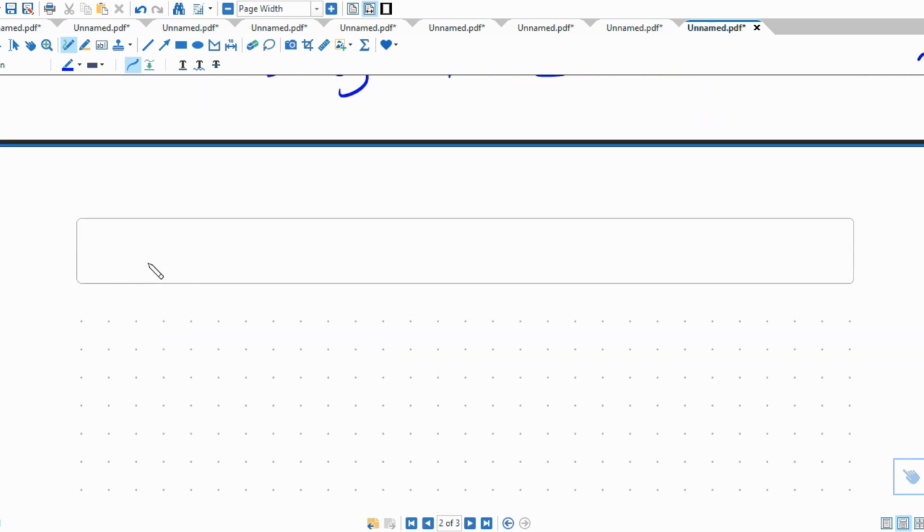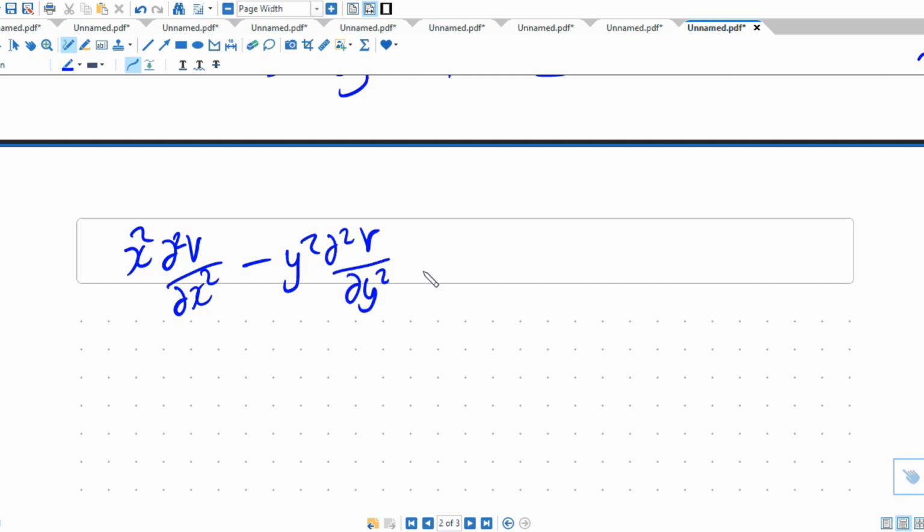So what was the original equation? The original equation was x squared times the second partial derivative with respect to x minus y squared times the second partial derivative of v with respect to y is equals to 6 into x cubed minus y cubed.